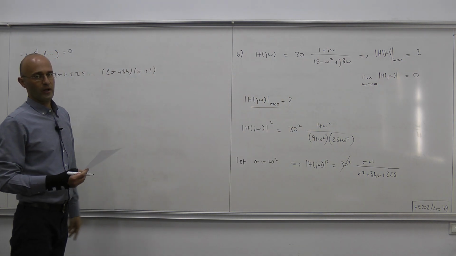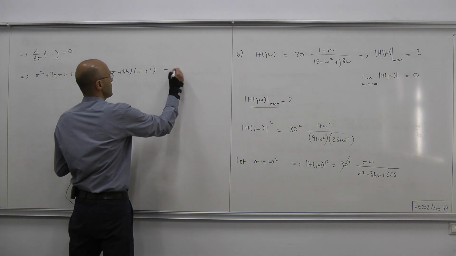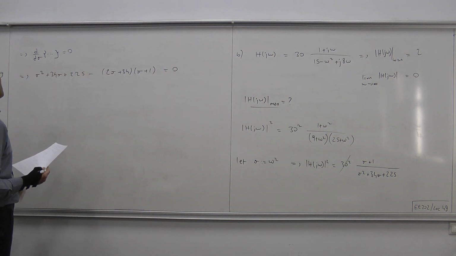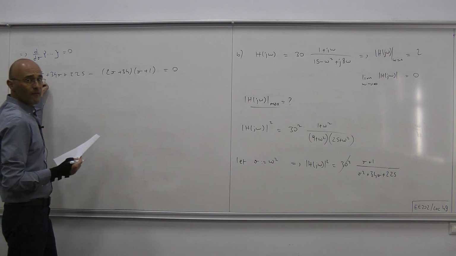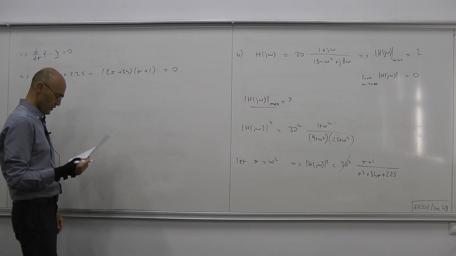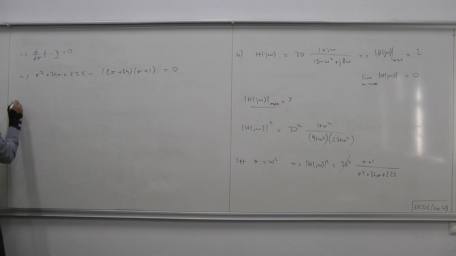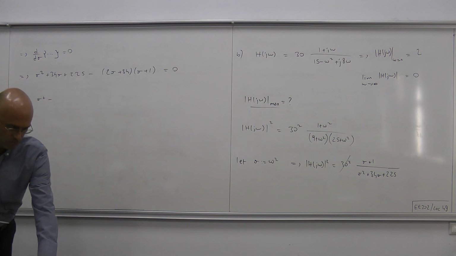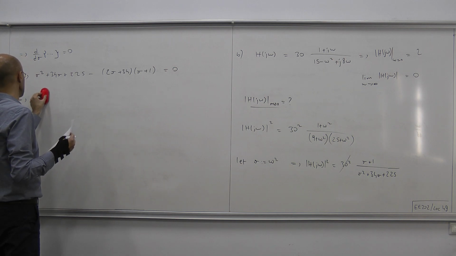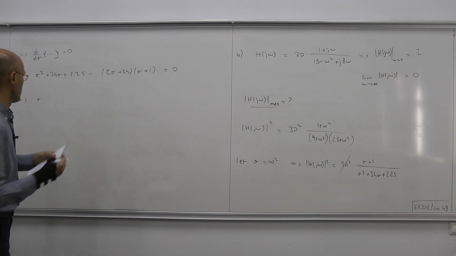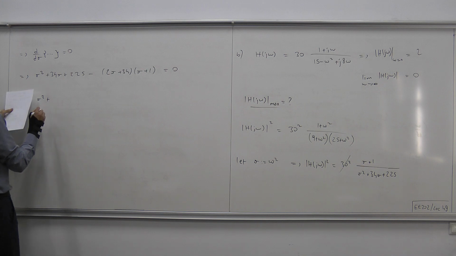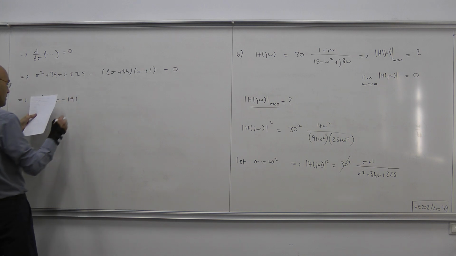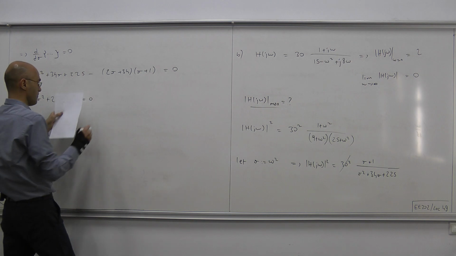In that case, we can forget about the square of the denominator and only concentrate on the numerator. Solving this is a quadratic equation in terms of σ, that produces σ squared plus 2σ minus 191 equals 0.